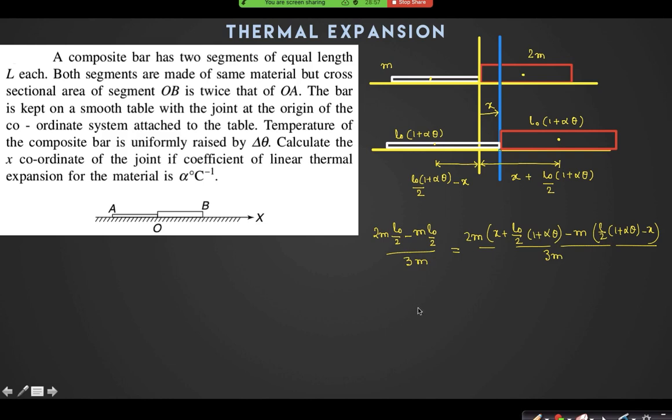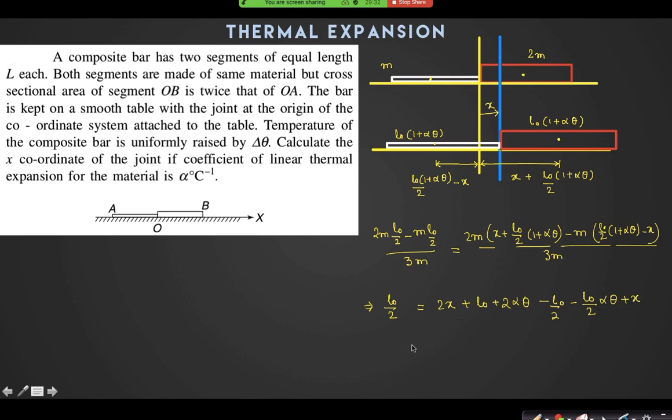Right? 3m gets cancelled, m gets cancelled. So I can say L naught by 2 will be equal to 2x plus L naught plus L naught alpha theta, minus L naught by 2 minus L naught by 2 alpha theta, plus x.